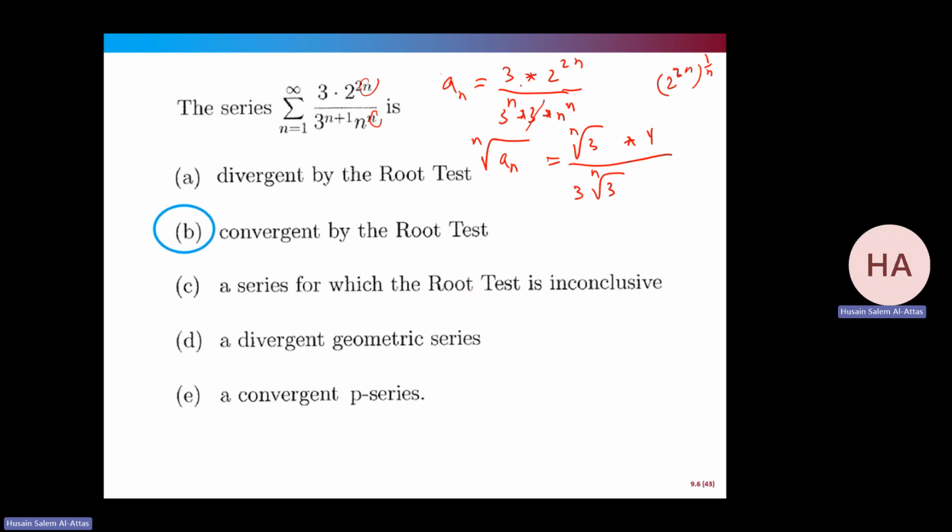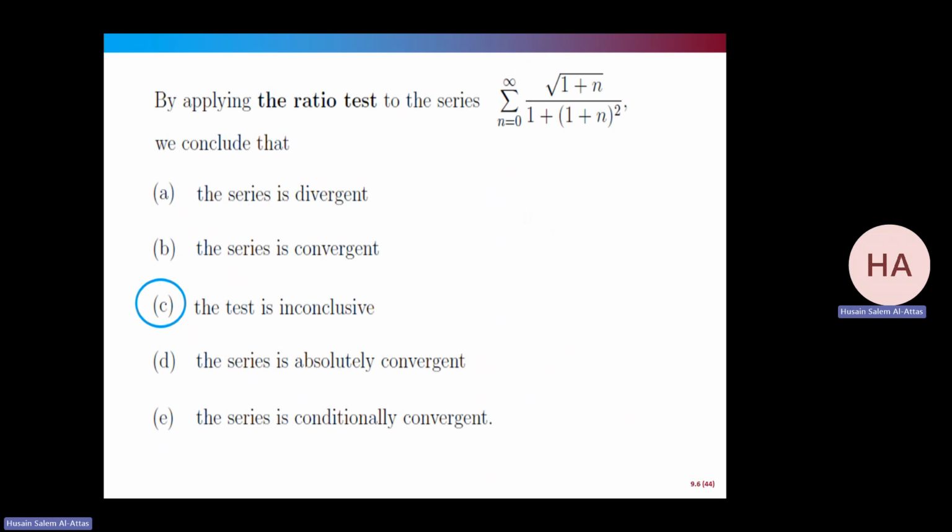Actually, this 3 with this 3 cancelled. So I have 4 over 3, and here I have n. The nth root gives me 4, this one gives me 3, and this one gives me n. So L, the limit as n goes to infinity of the nth root of this, is clearly 0, less than 1, so it will converge by the root test.